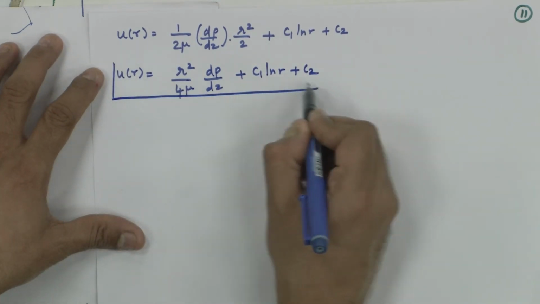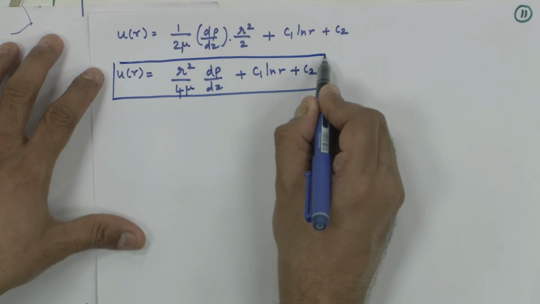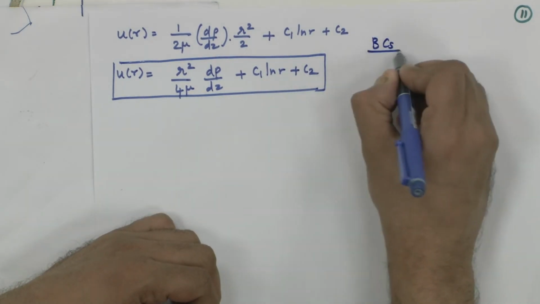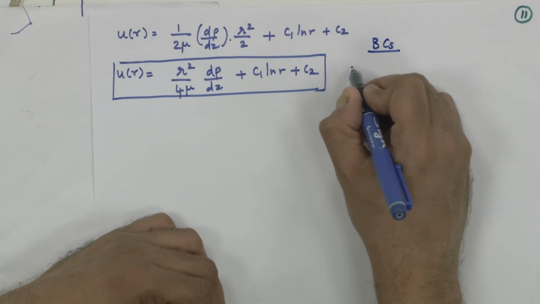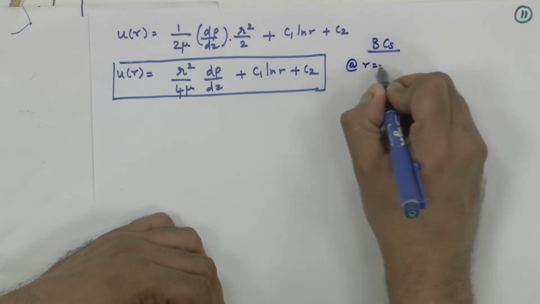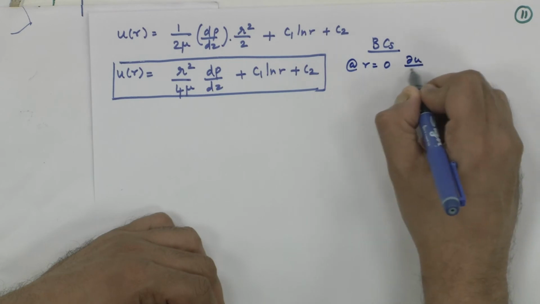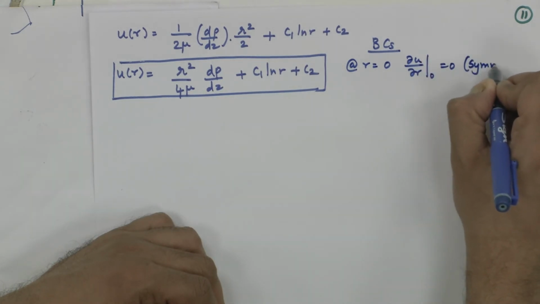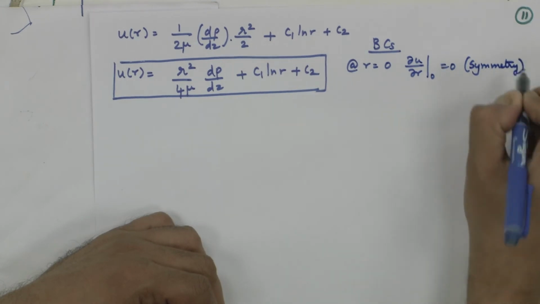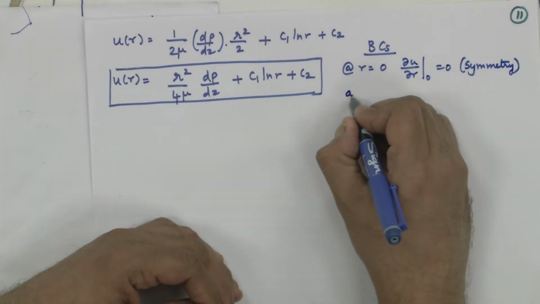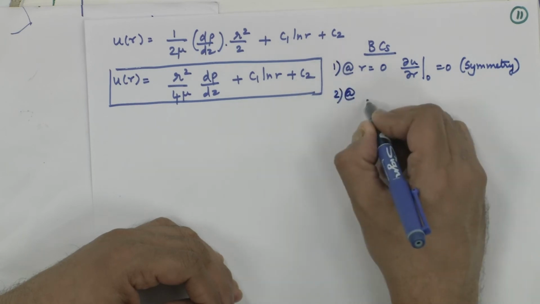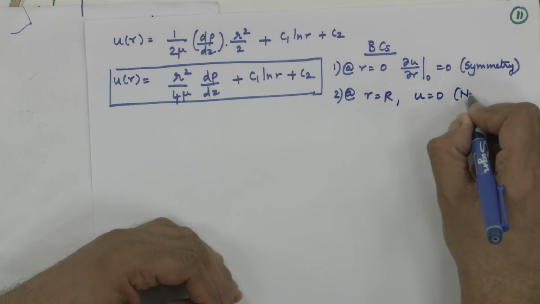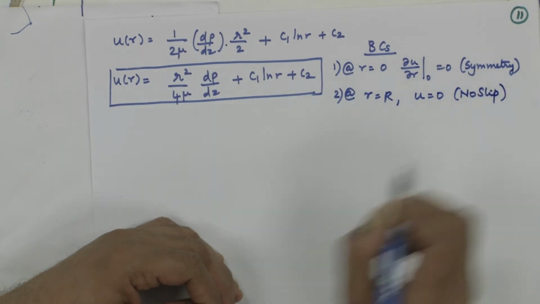This is my velocity distribution. Two unknowns C 1 and C 2 constants. I need two boundary conditions. These two boundary conditions are, first one, at r equal to 0, du by dr equal to 0, which is the symmetry boundary condition or maximization of the velocity at the center line. Second boundary condition is at r equal to capital R, u is equal to 0, which is your no slip boundary condition.